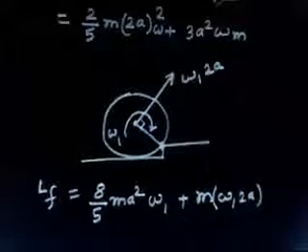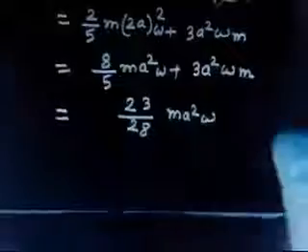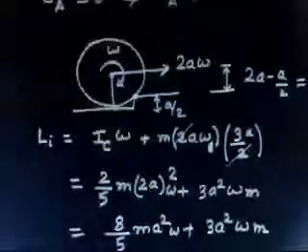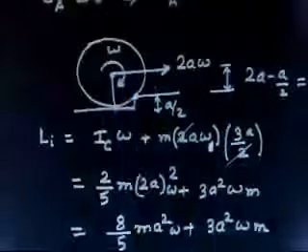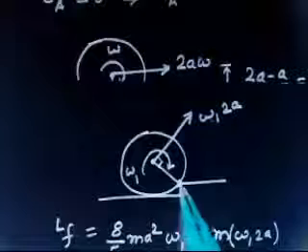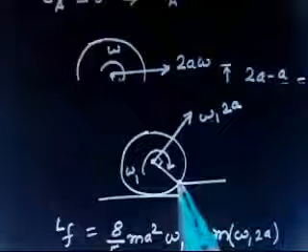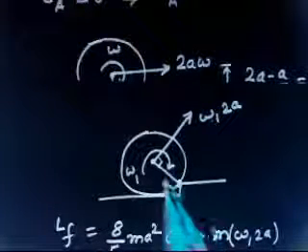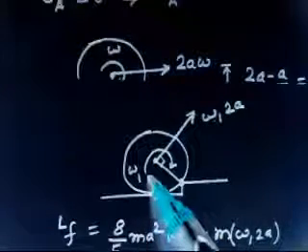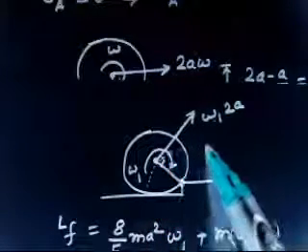Are you getting? Initially the velocity was parallel to the horizontal, in this direction, 2a omega. But once this collides, its velocity direction changes. Now this is doing pure rotation, or you can say the center of mass is moving in a circular orbit, and the circle is something like this.